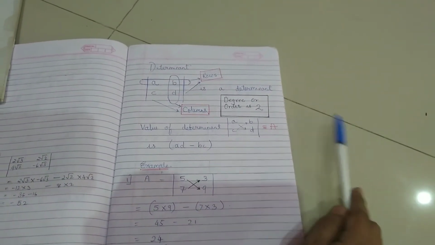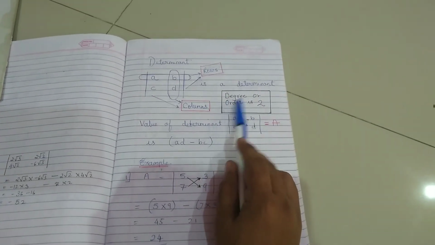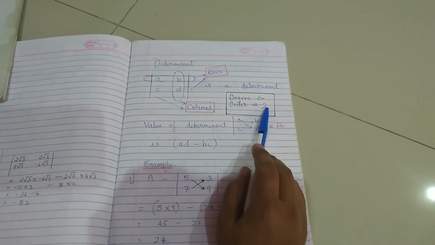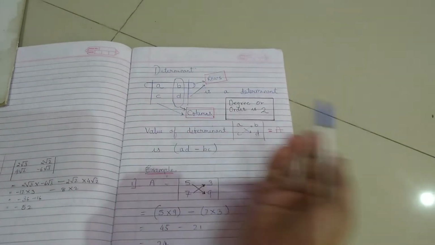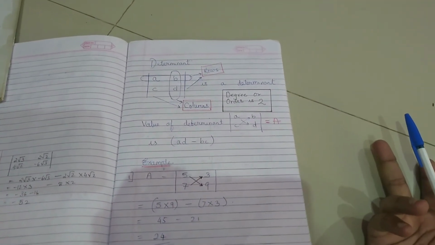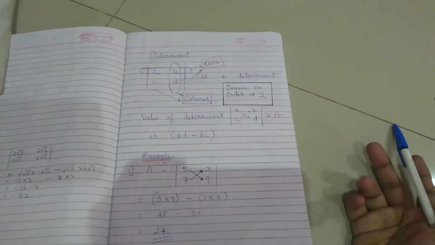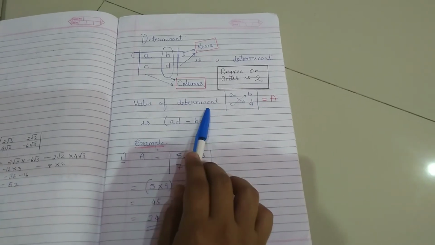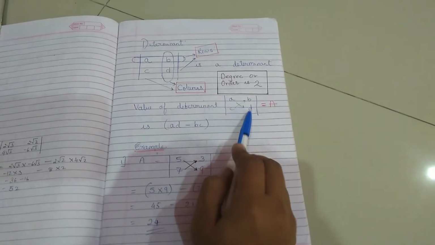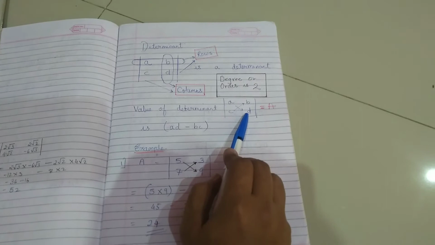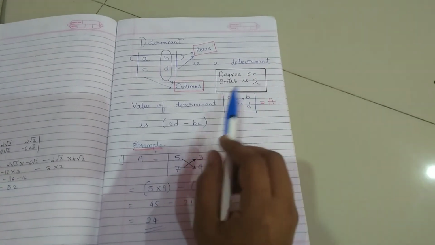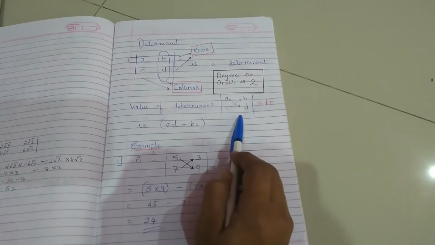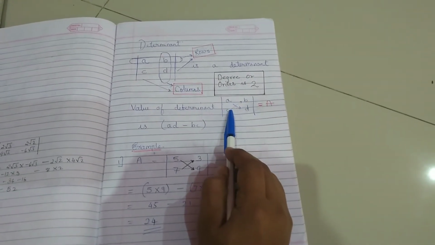Here the degree or the order of the determinant is 2, because we have 2 rows and 2 columns. Now, the value of the determinant. How to find the value of the determinant? We have our determinant, that is a b c d. To find the value, we will cross multiply, that is a into d minus b into c.